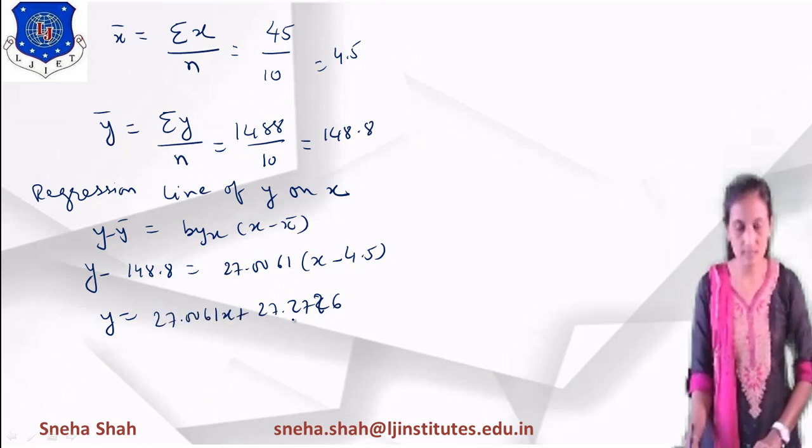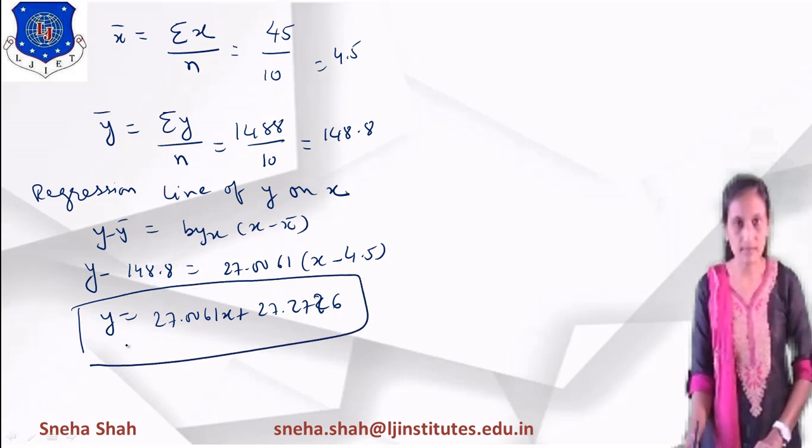Okay, and this is represented as y equals 27.0061x plus 27.2726. So this is the final answer for the regression line of y on x.